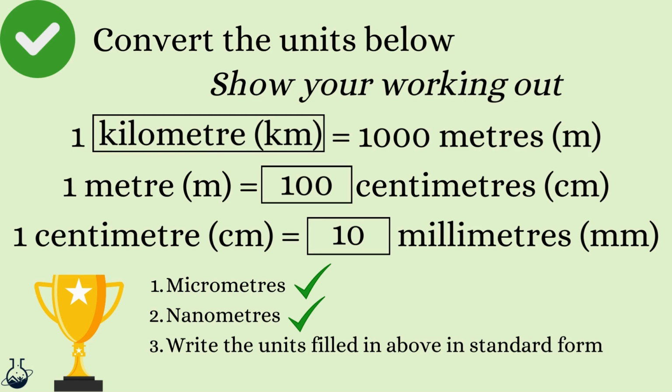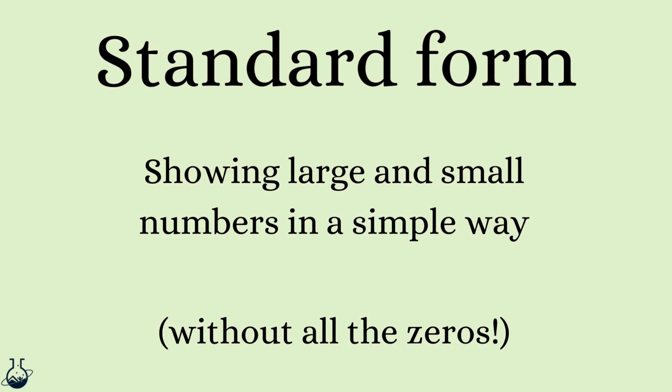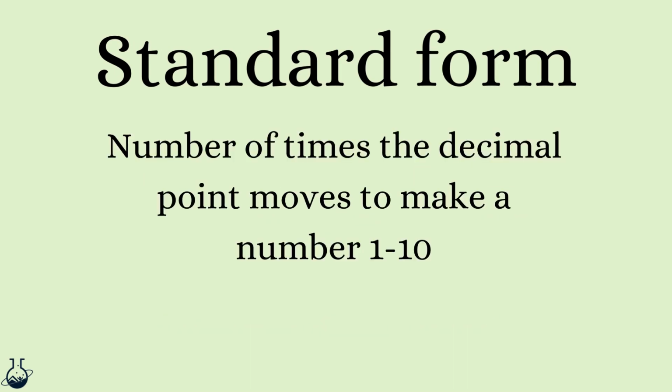And finally, write the units filled in above in standard form. Standard form is a way of displaying really large or small numbers in a simple manner. You obtain a standard form number by the number of decimal places the point needs to move to make it a number between 1 and 10.